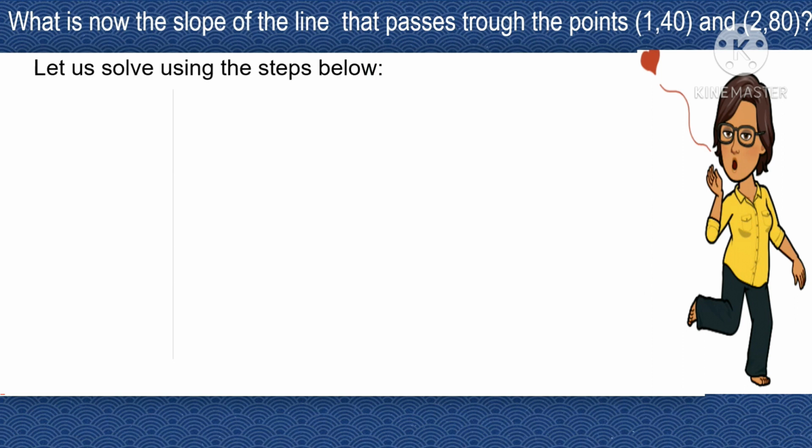Let's have this problem. What is now the slope of the line that passes through the points 1, 40 and 2, 80? Let us solve using the steps below. Okay, so let's start with step number 1. We let 1, 40 be the x sub 1, y sub 1 respectively, and 2, 80 be the x sub 2, y sub 2 also respectively.